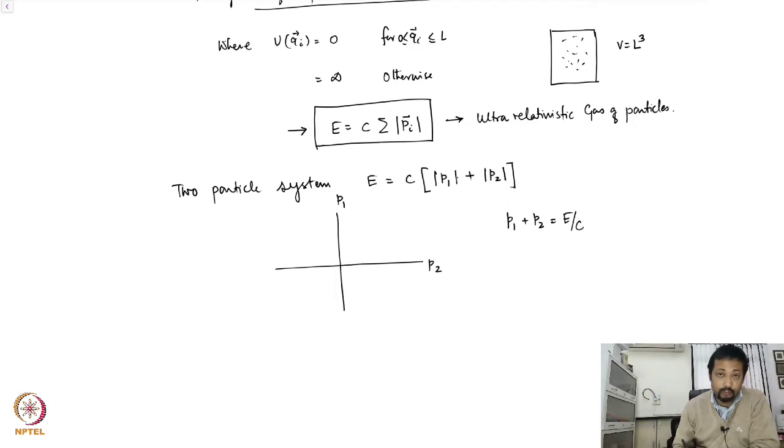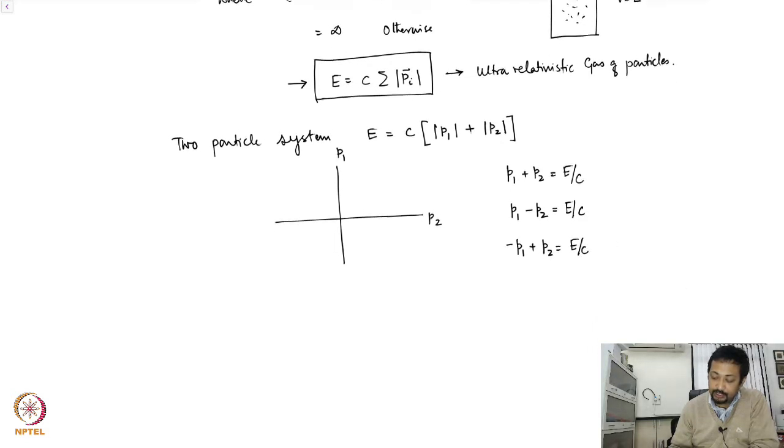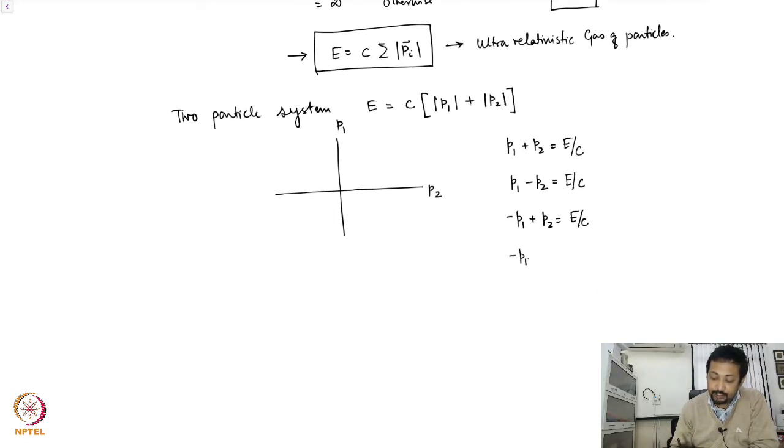There is a modulus function, so p1 can take plus and minus values as well. One has p1 minus p2 is equal to E by c. And then again, minus p1 plus p2 is going to be E over c, and finally I have minus p1 minus p2 is going to be E over c.